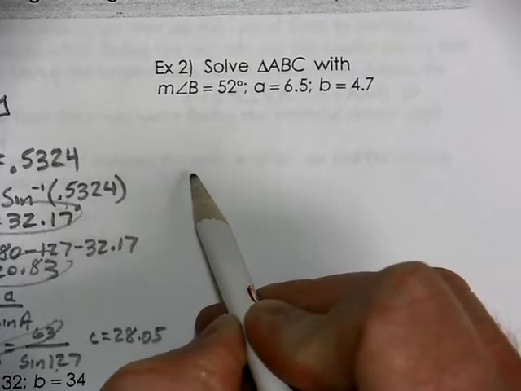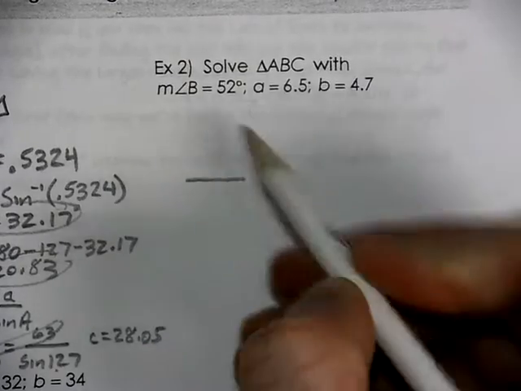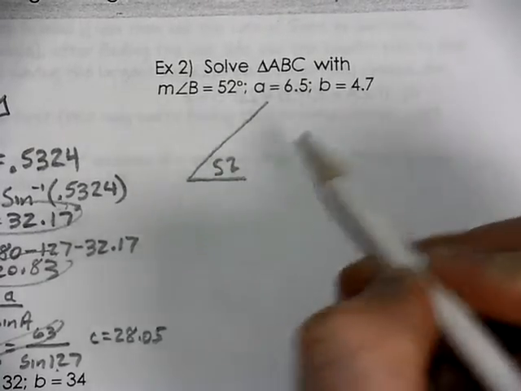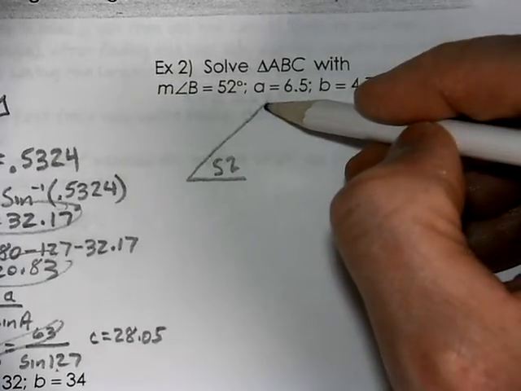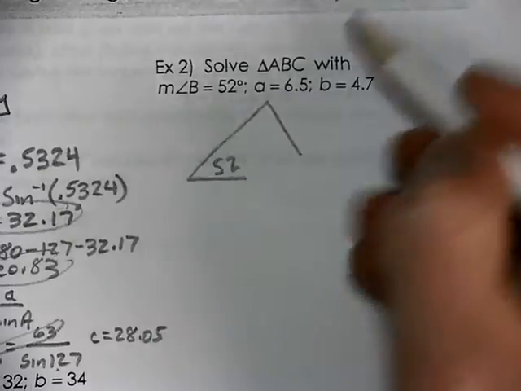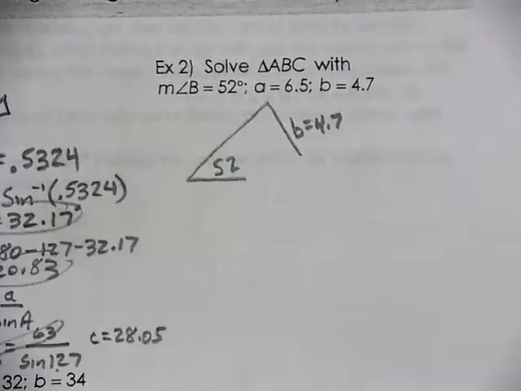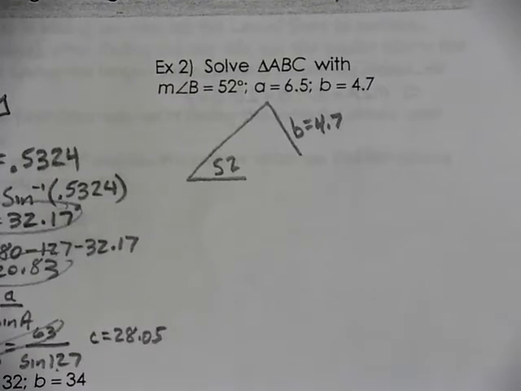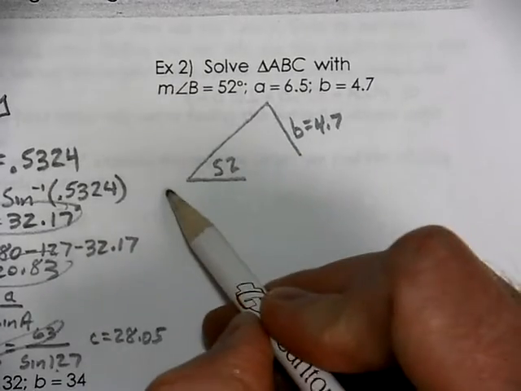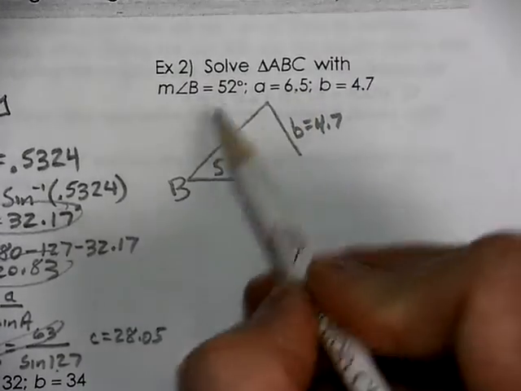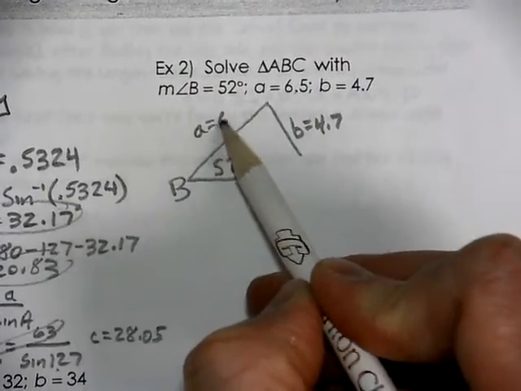We're given an angle B to be 52 degrees. The side opposite would be B. And we always want to put our other side here at this location.